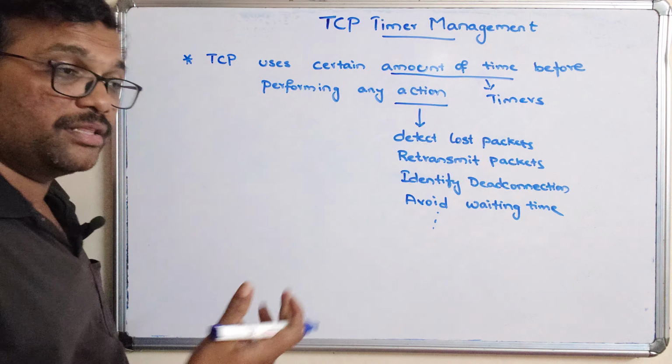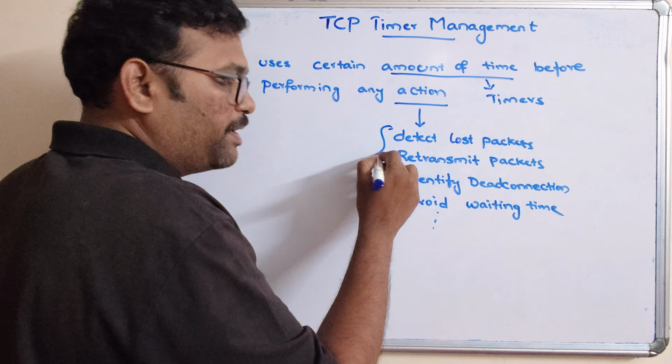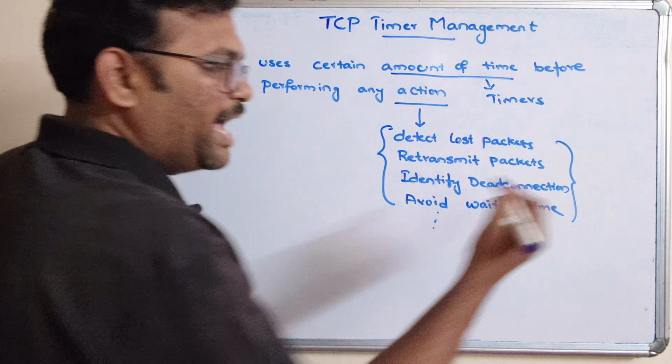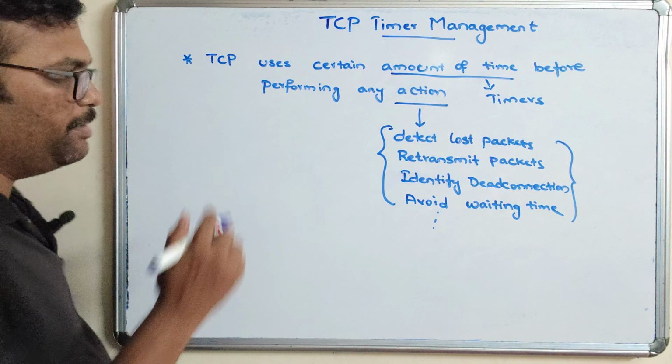TCP uses different timers in order to perform all these actions. Mainly there are 4 timers TCP will be using.